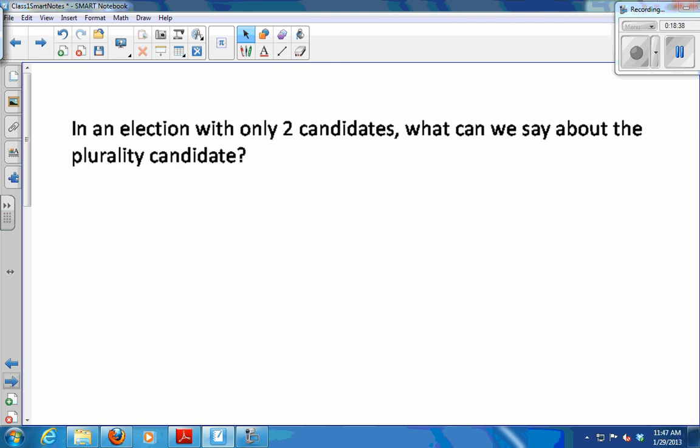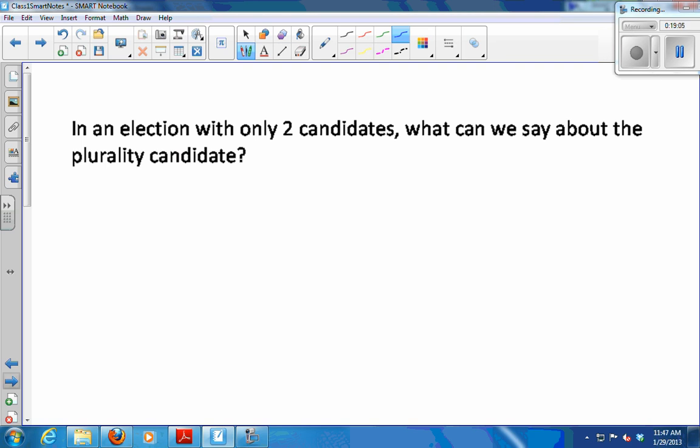So if you have an election with only two candidates, what can you say about the plurality candidate, the candidate that gets the most votes? Popular consensus. Yes. And what do you mean by popular consensus? They would also have a majority. Yeah. So if there's only two candidates and one of them has the most votes, they also have more than half of the votes.